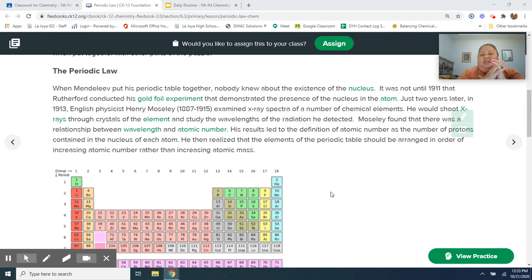Now, in this case, he was taking a picture and he was shooting X-rays at different chemical elements, and as the light passed through, it would give off a certain amount of energy, right? And that energy, that's what he was studying. He was studying the wavelength of energy, right?